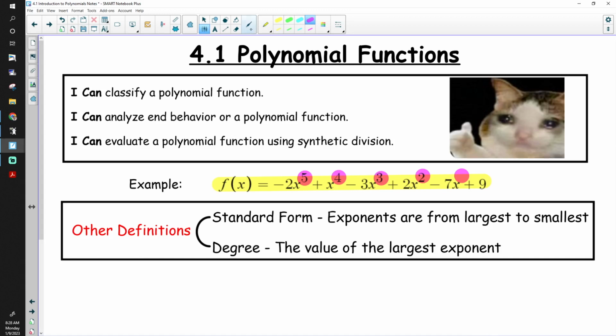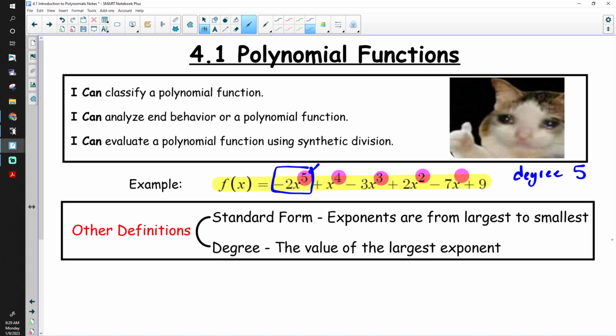So in this problem, the largest exponent is 5, right? That's the largest exponent in the entire polynomial. So we would say this polynomial is degree 5. Okay? The degree is whatever the largest exponent is.